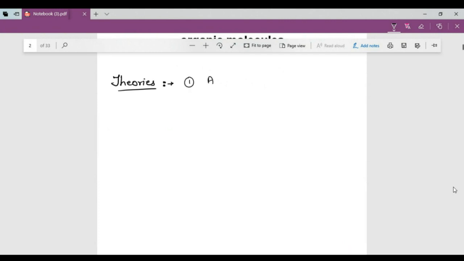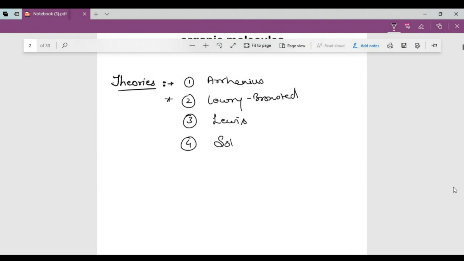As I just named, I'll just write Arrhenius, Lowry-Bronsted. Lowry-Bronsted is the most important for us. Then there was Lewis. Then I said solvent theory. After solvent theory, there is the HSAB concept, etc. So there might be various concepts.